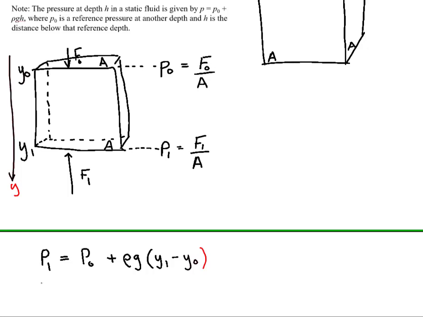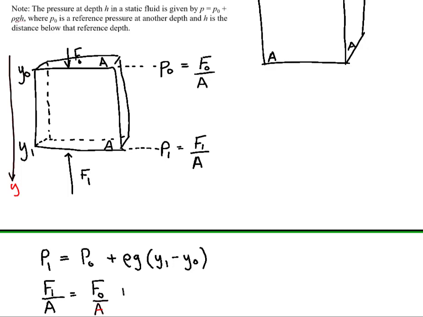So we know pressure is equal to force per unit area. The pressure at the lower surface is going to be the average force on that lower surface per unit area. Pressure on the upper surface is the force per unit area on the upper surface.